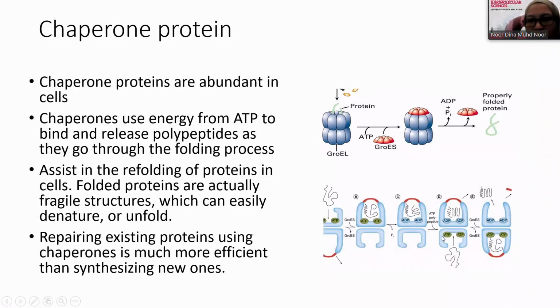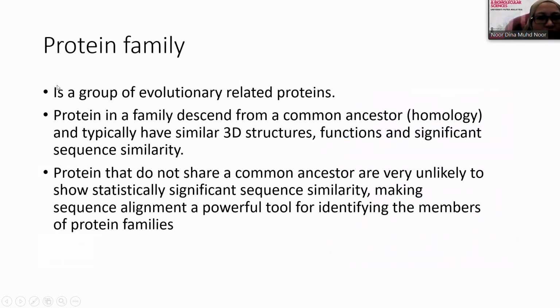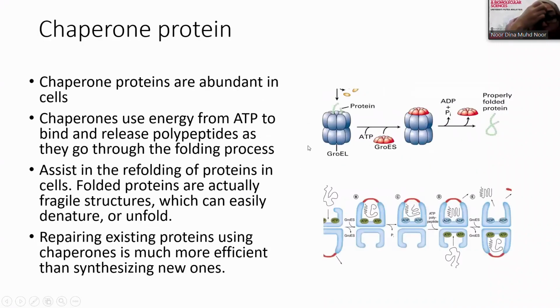They process the unfolded protein inside the chamber, and then we have the folded protein as the product from GroEL and GroES. That is one example of a chaperone protein.